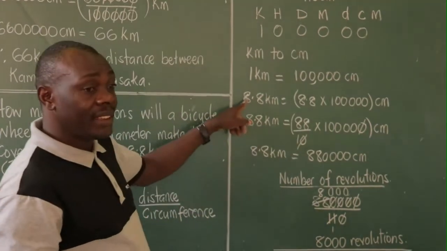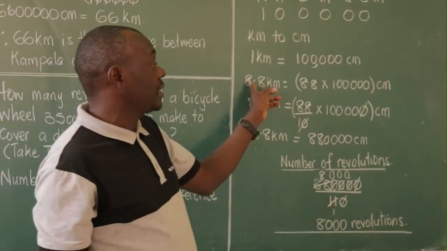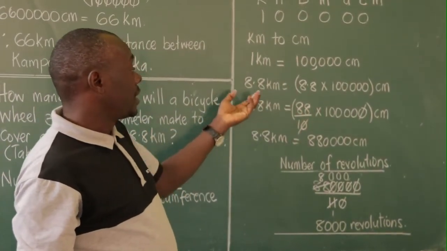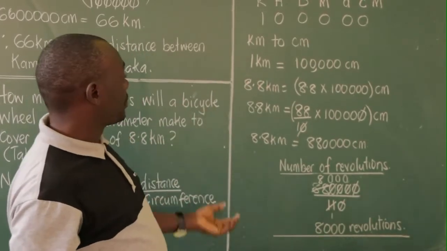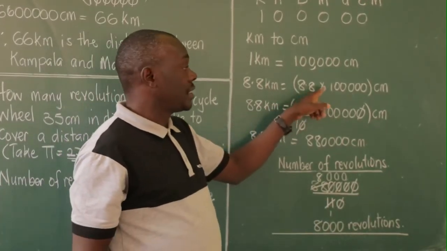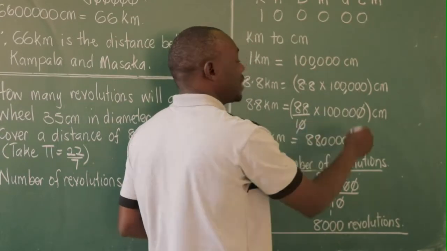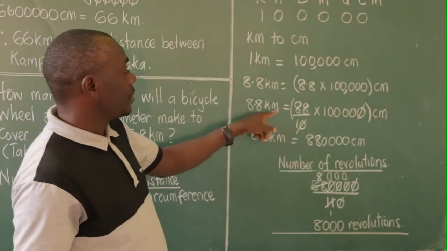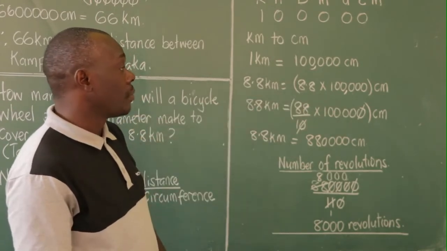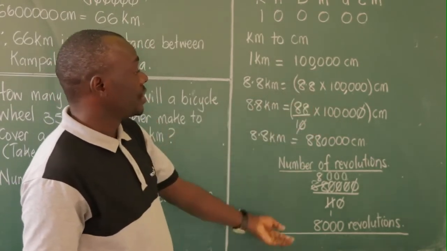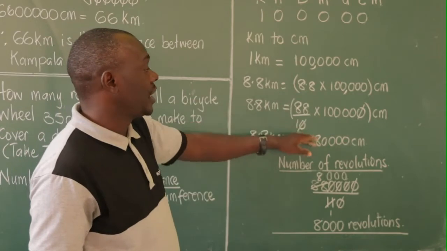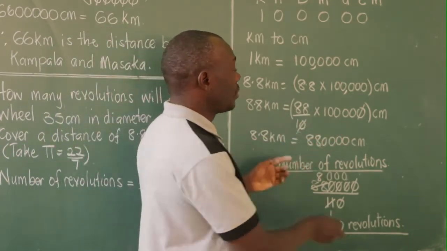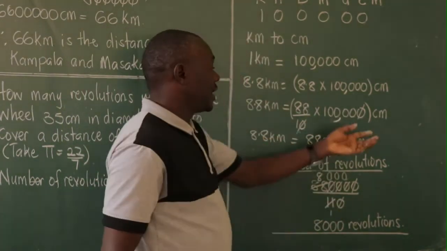What about the 8.8 kilometer journey, or the 8.8 kilometer ride on this bicycle? It's got 8.8 times the fact 100,000 centimeters. So you go 8.8 kilometers, you see only one decimal place. You have at 8.8, you write 88 out of 10, then times the 100,000 centimeters.